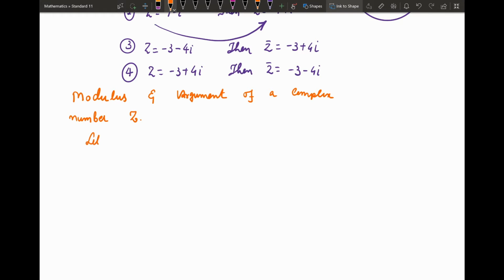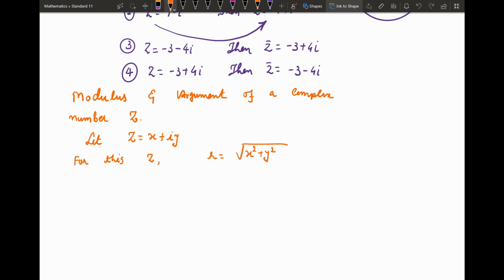Let z equal to x plus iy or a plus ib be any complex number. For z, r equal to under root x square plus y square.